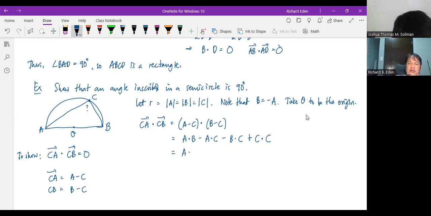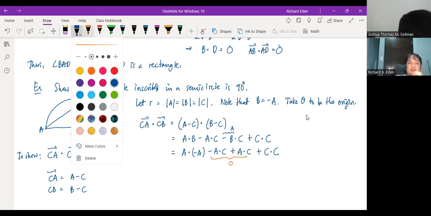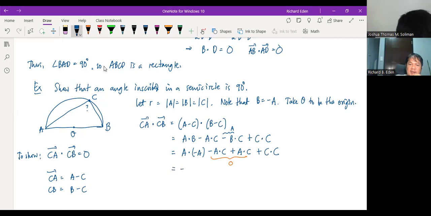So A dot negative A, and here minus A dot C. And then this negative B, well, that's A. So you have plus A dot C plus C dot C. And we can see what's going to happen to the middle two terms. That's going to be the scalar 0. And then we have minus A dot A plus C dot C.